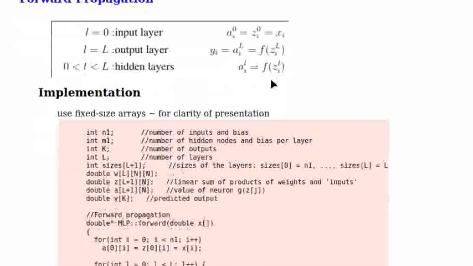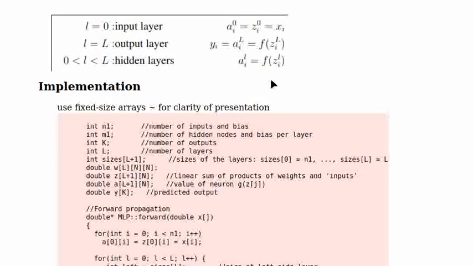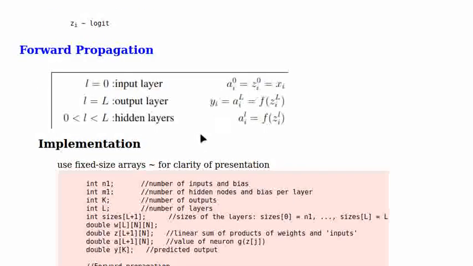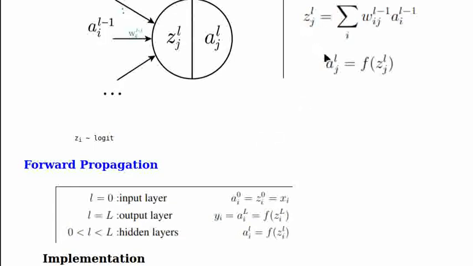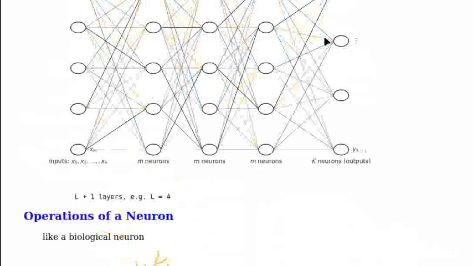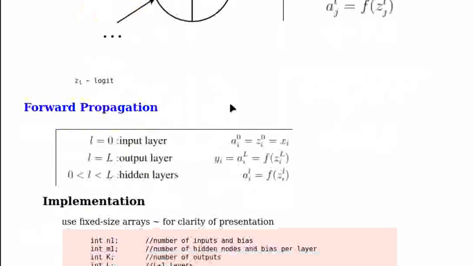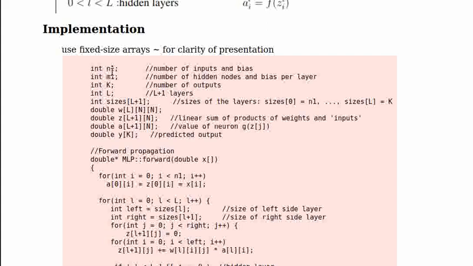With this understanding, we can discuss how to implement the forward propagation in C++. For clarity of presentation, we use fixed size arrays in our implementation. The variable names we use here are the same as the math symbols that we have used. N1 is the number of inputs plus bias.